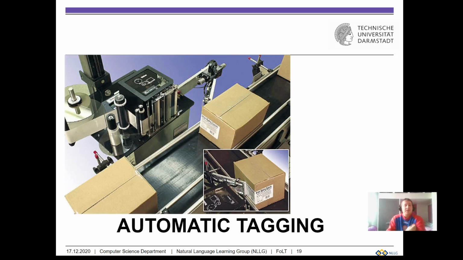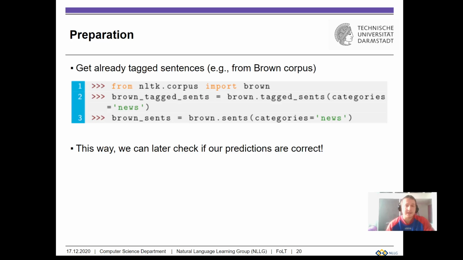Now we're going to talk about how we can do part of speech tagging automatically. We start out with a little bit of preparation. We want to look at the Brown corpus and get the already tagged sentences. Who has tagged the sentences? Most likely human annotators who have done part of speech tagging to each sentence and each word in the Brown corpus.